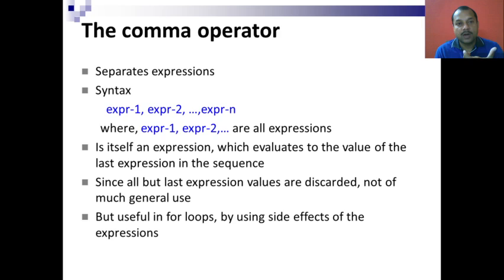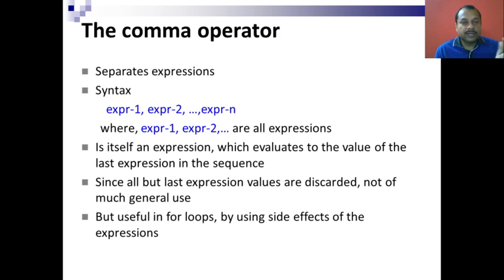So in expression 1, if there is a requirement of initializing two values, say when I am computing the factorial, then I need to initialize the fact or the product as 1, as well as the counter variable, which is also 1 or 2. Then instead of declaring product or fact outside the for loop, you can write product equals 1 comma count equals 1, then semicolon.